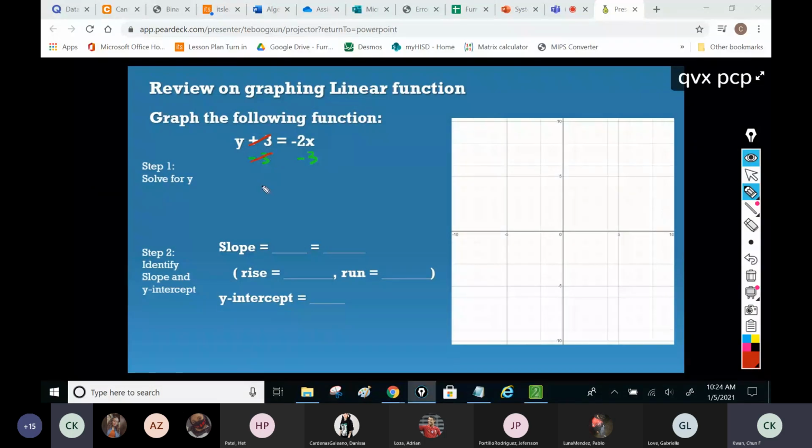So y equals, and then on the right side, the negative 2x and the minus 3 are not like terms. So you're going to leave them like that. Don't try to combine them because they are not like terms.